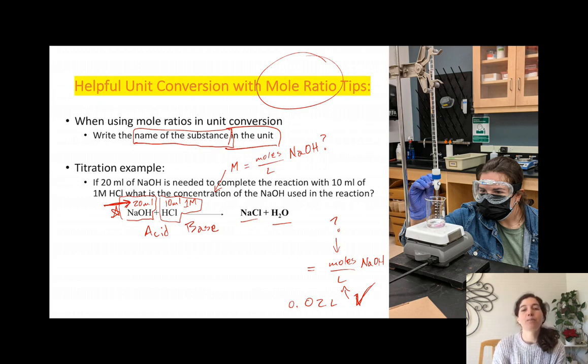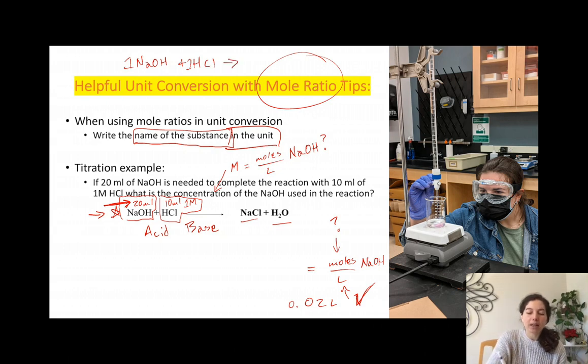And we can find moles of NaOH using our mole ratio. This is our balanced chemical equation right here. For every 1 NaOH, there's 1 HCl. So this is balanced already. It's a very simple equation, which is good. That helps us a lot.